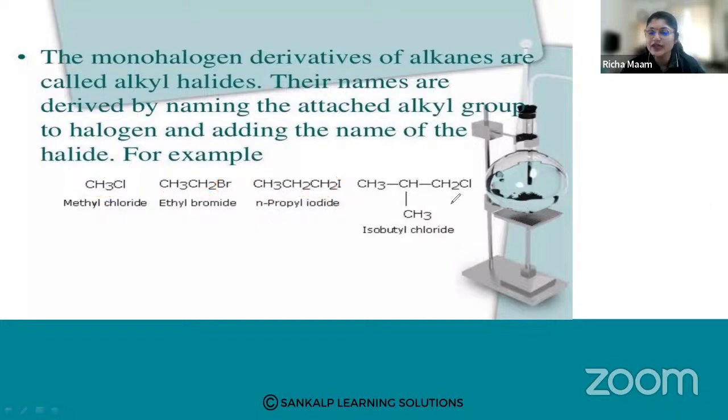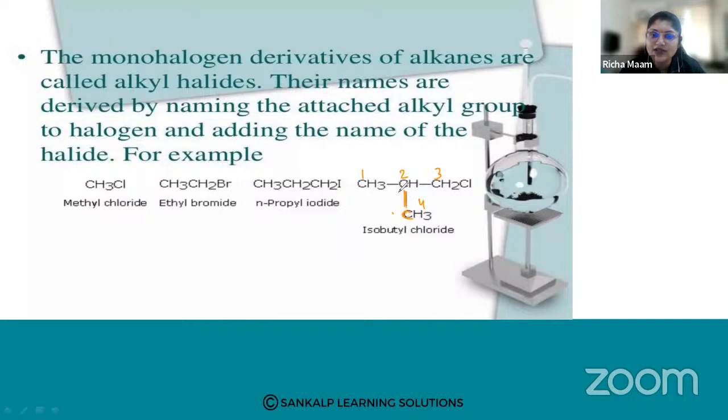So all this you have studied in first year, how the naming is given for hydrocarbons. Now here, the number of carbon atoms is 1, 2, 3, and 4 carbon atoms are there, and it is in an iso system. You can see it is an iso system.